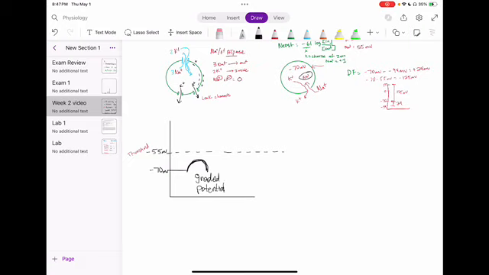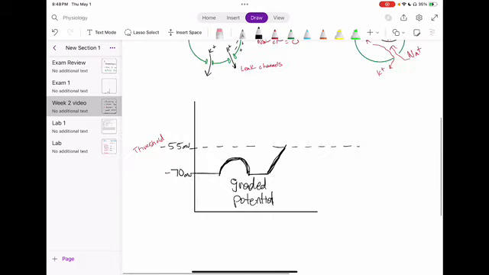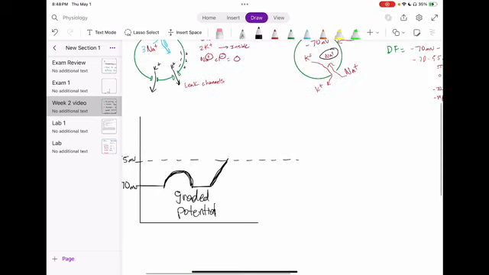And like you can see, it tries and then it comes back down. But when we try enough and we make it past this threshold potential, then we start our action potential.